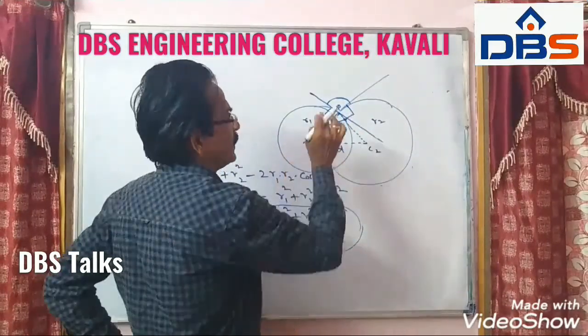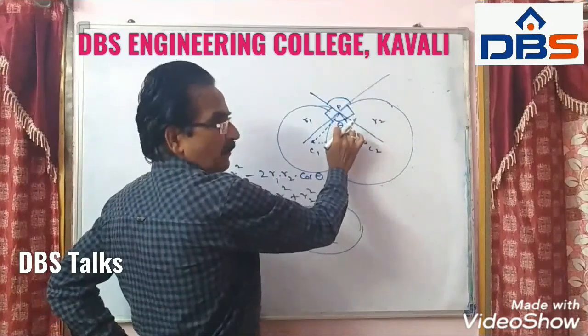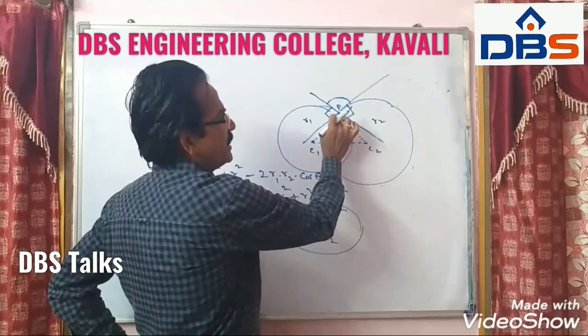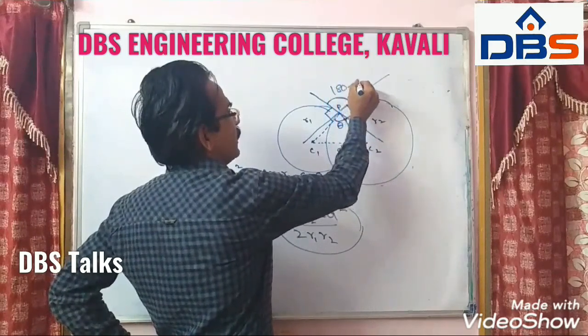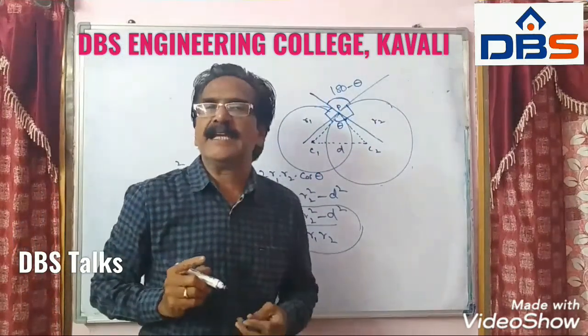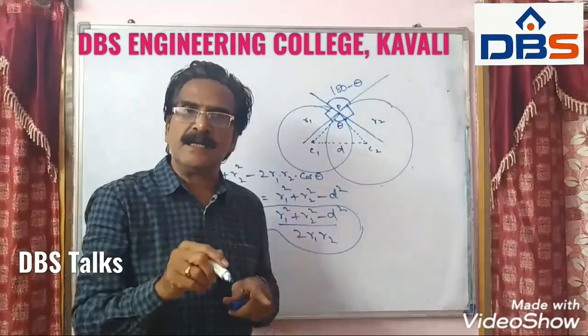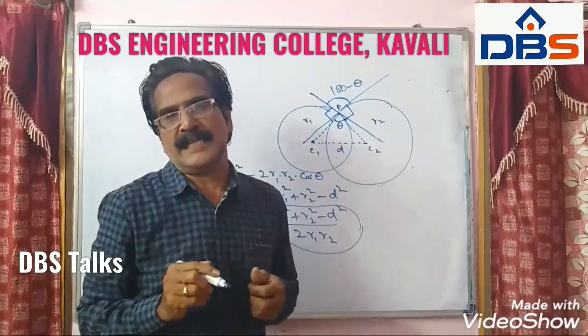So the remaining two, this plus this, must be 180. This is theta. So how much must this be? 180 minus theta. That is the angle between the tangents, and in turn, that is the angle between the two circles.